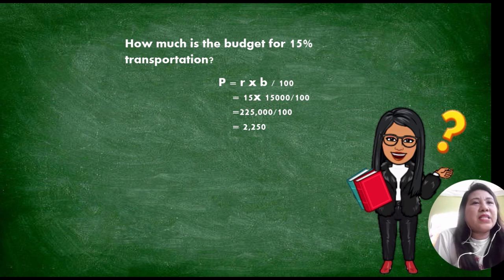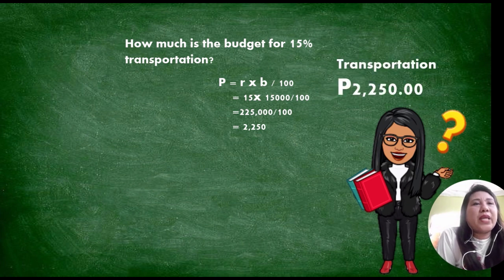So R is 15 times B is 15,000 divided by 100. 15 times 15,000 is equal to 225,000 divided by 100 is equal to 2,250. So transportation is 2,250 pesos.